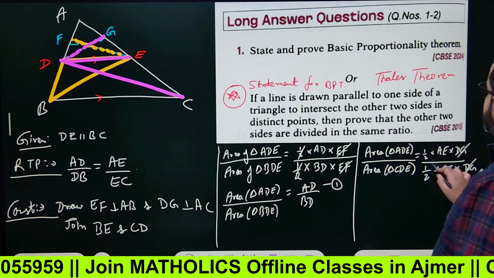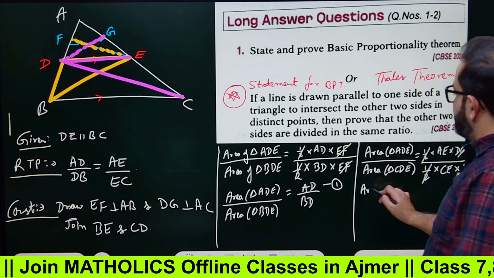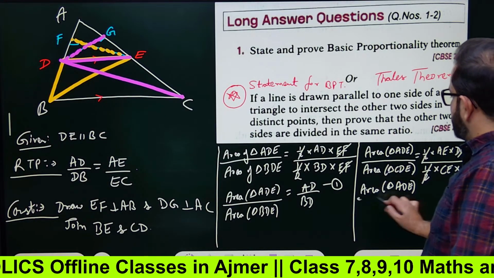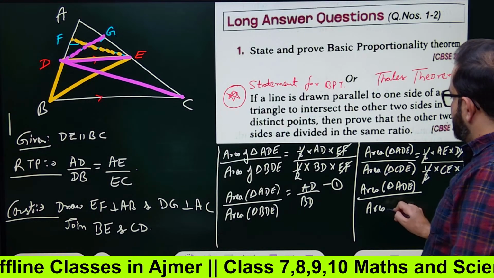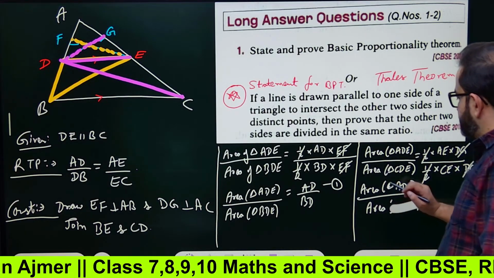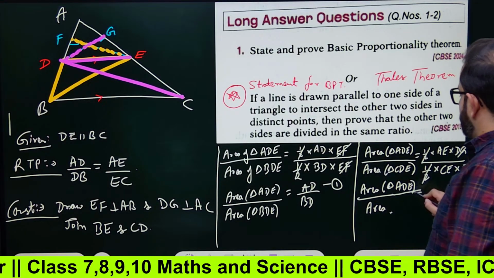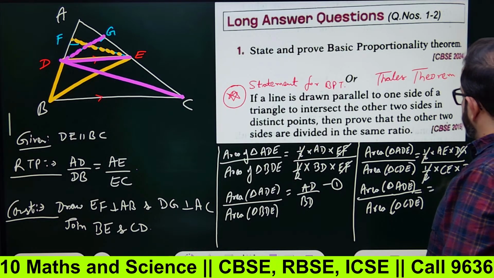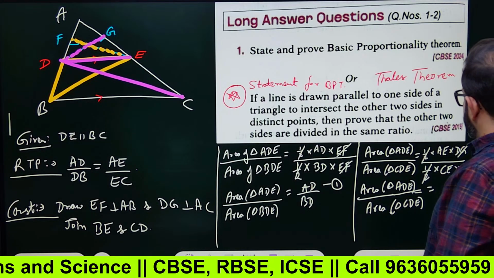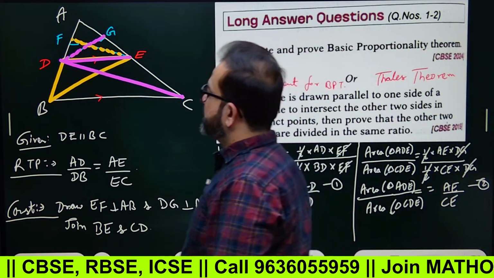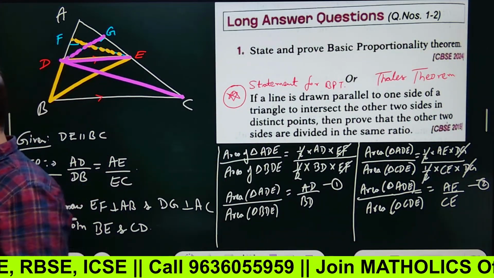So DG got cancelled, half cancelled. So area of triangle ADE upon area of triangle CDE is simply AE upon CE. This is equation number 2. Clear? Now there is an important concept involved in this question.